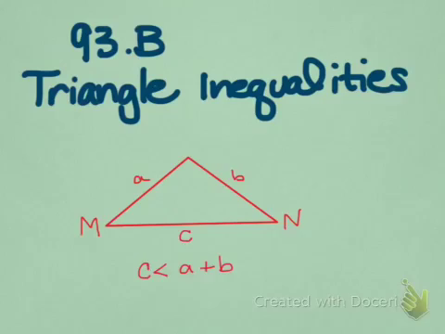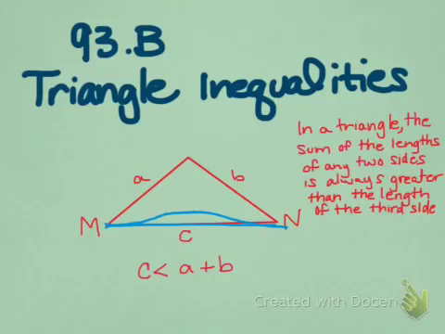So if you're looking at this example, C is always going to be less than A plus B. Because if A plus B was equal to C, then they'd be on the line C. You would just have this line right here if A plus B was equal to C. But in order to make a triangle, A plus B has to be a little bit bigger than C. So we're going to go through and talk about that.